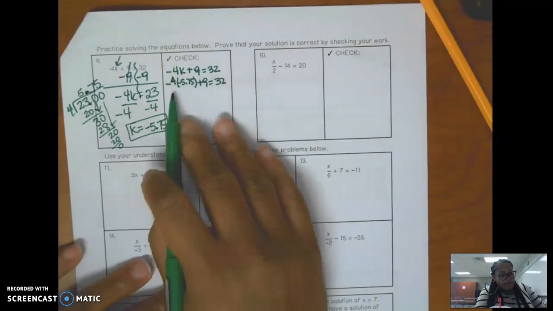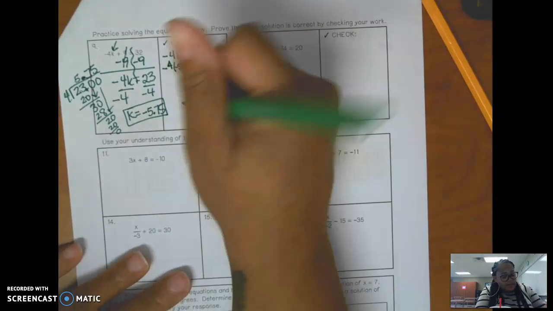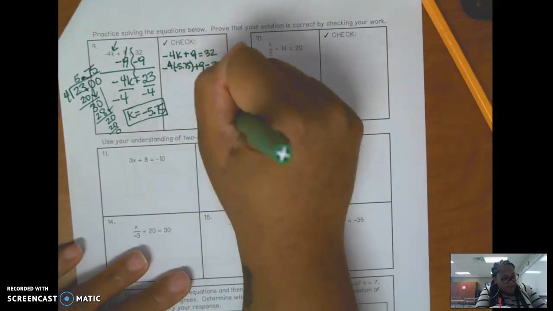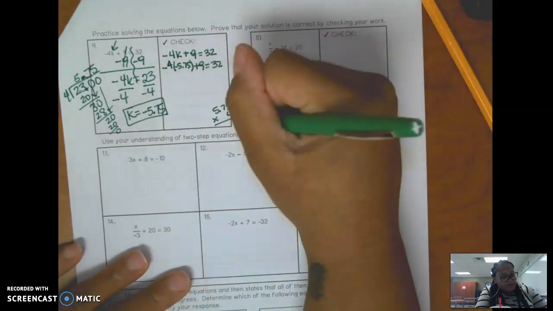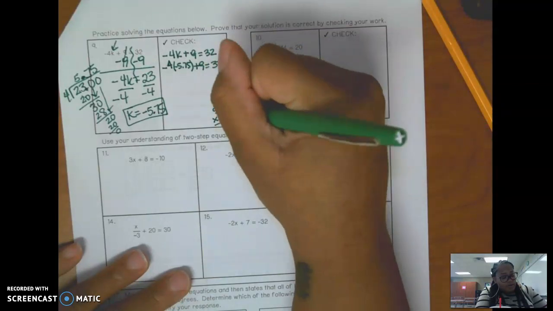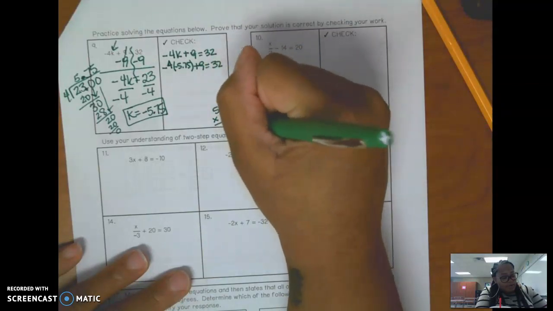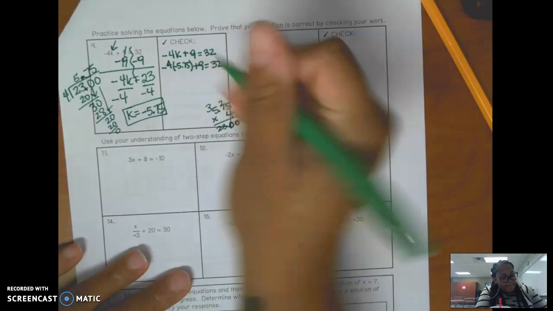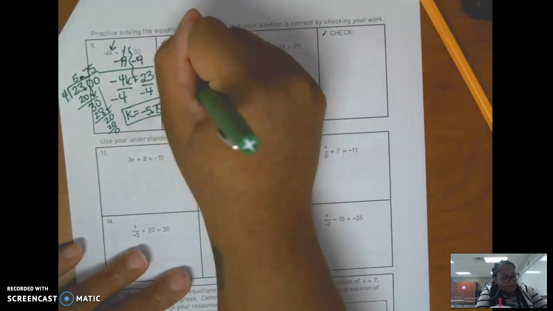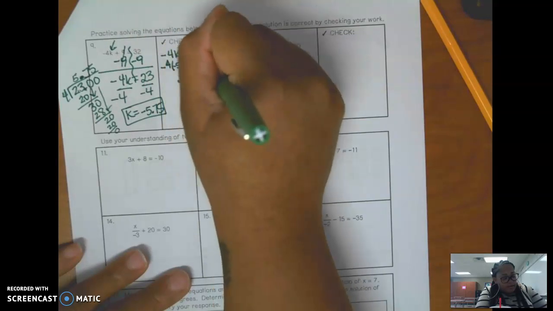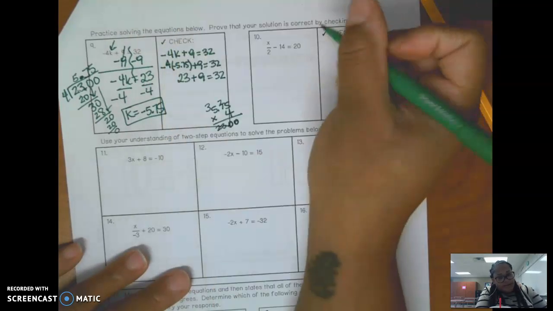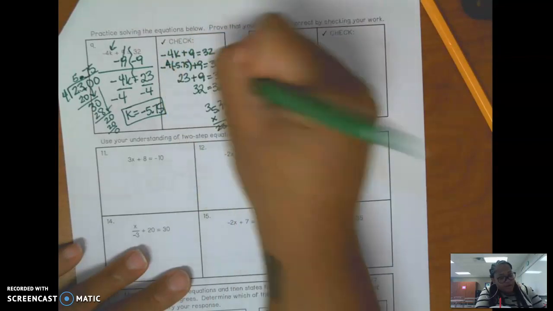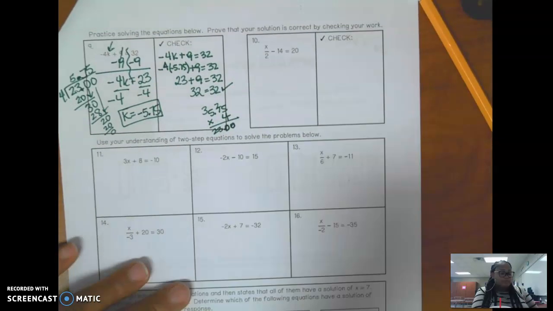Well, I know that a negative times a negative equals a positive, so I need to work this out. 575 times 4. 4 times 5 is 20. 4 times 7 is 28 plus 2 is 30. It's a 0. Carry the 3. 23. So this is 23 plus 9 equals 32. And if I add 9 to 23, I will get 32 and 32, and it is correct. Check it out, move on.